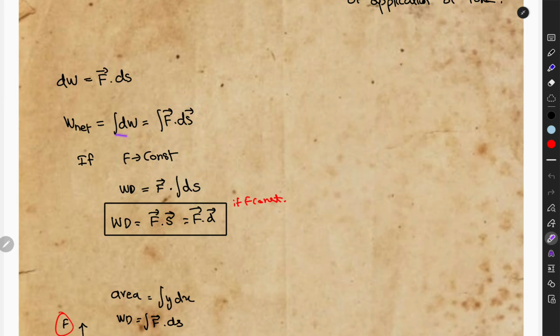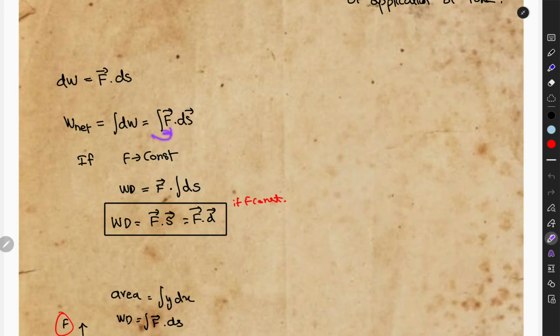Integration of dW will be equal to integration of F dot ds, as simple as it is. This formula can be used in some questions.